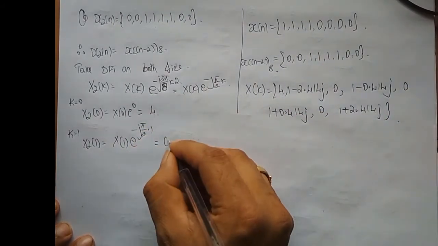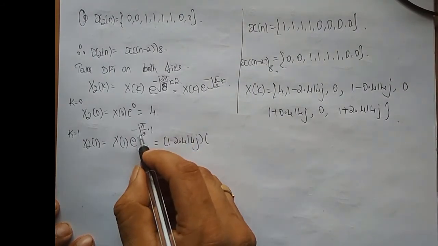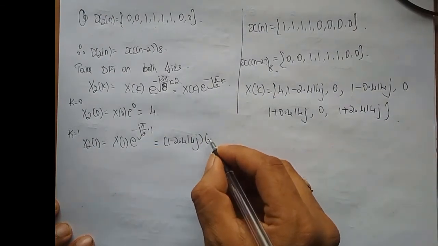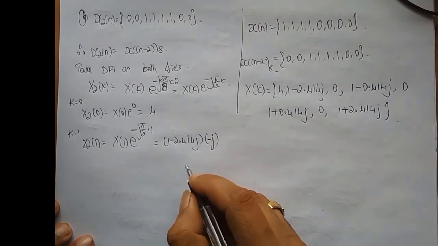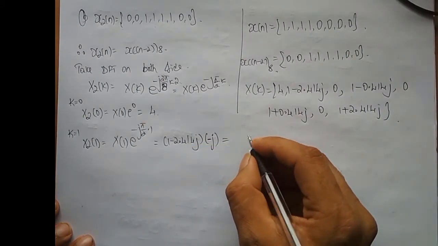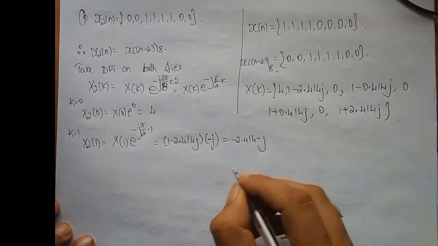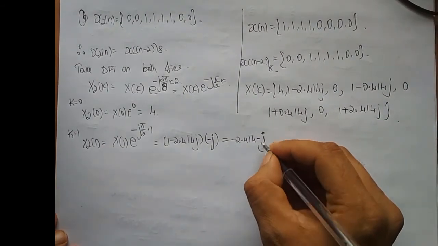What is x of 1? 1 minus 2.414j into e power minus j pi by 2. Cos pi by 2 minus j sin pi by 2. If you put it in your calculator, you get minus j. And if you simplify this, I get minus 2.414 minus j. Okay, just check your answer.